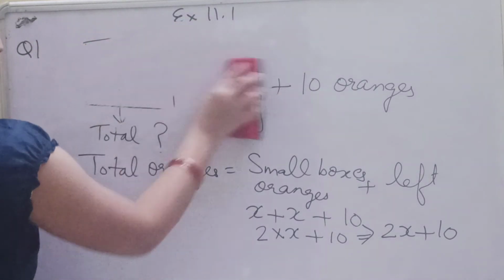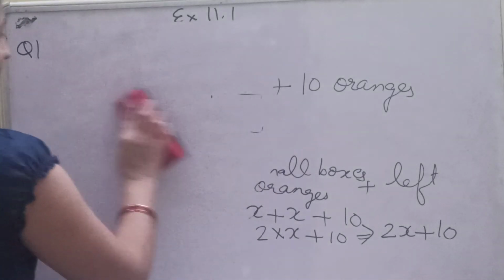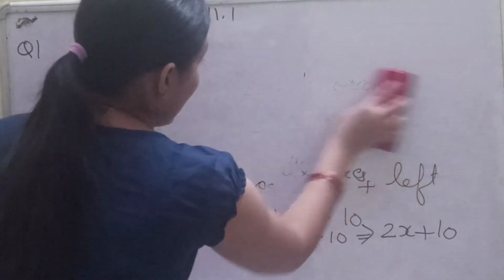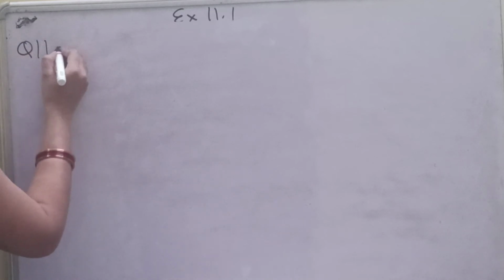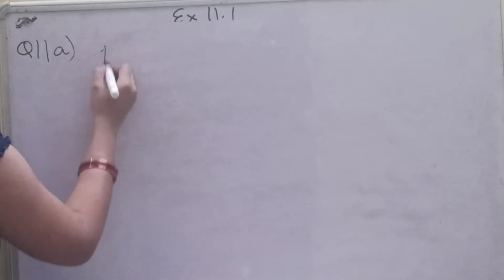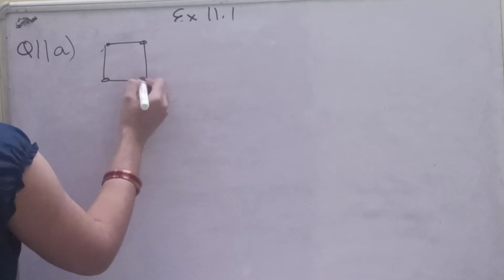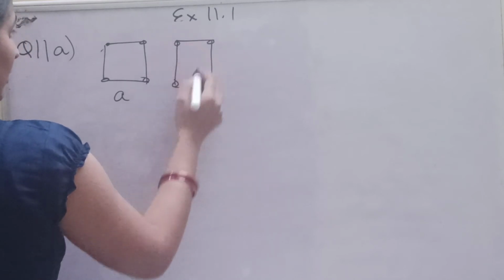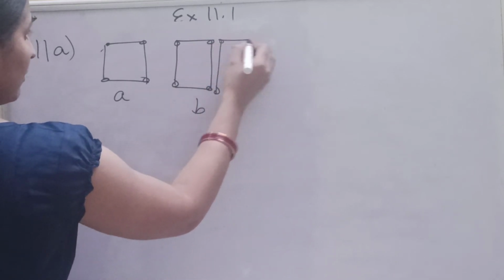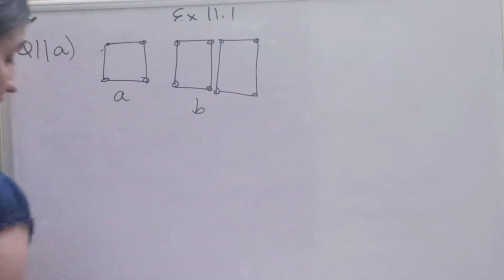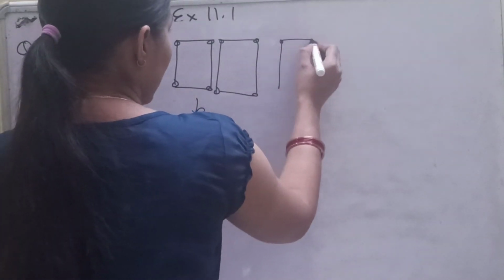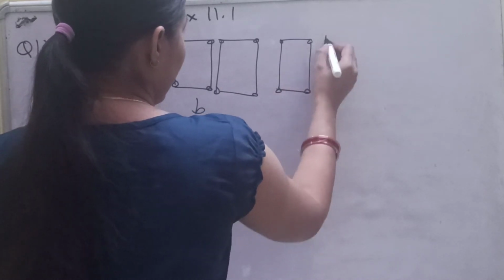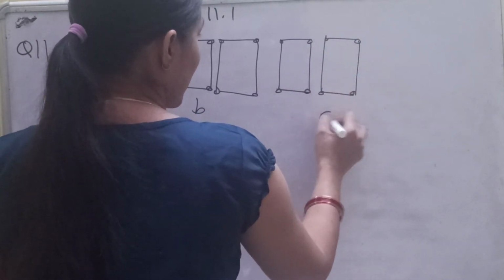Now let's move to question number 11 of the exercise. Let us discuss what we have in that. Question number 11, part A. So this way we are having this is A part, this is B part, then this is your C part.